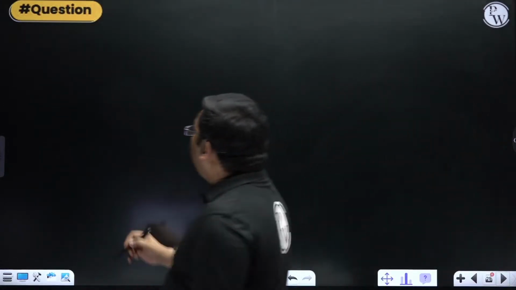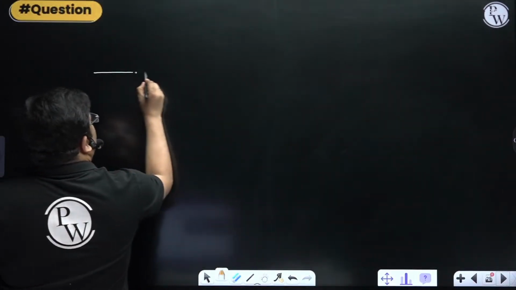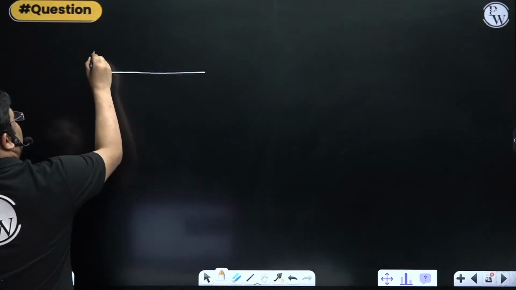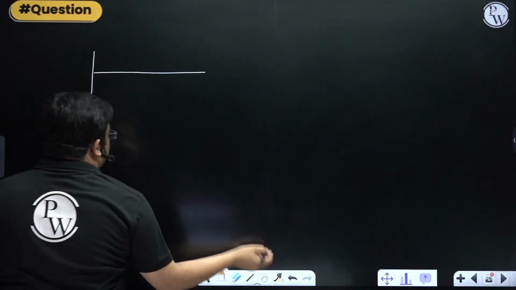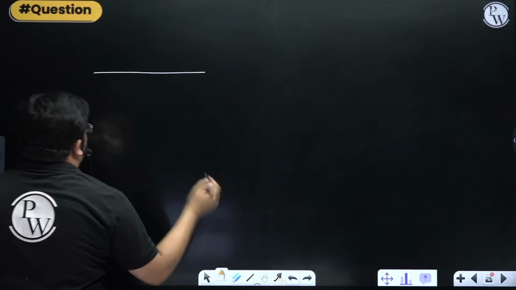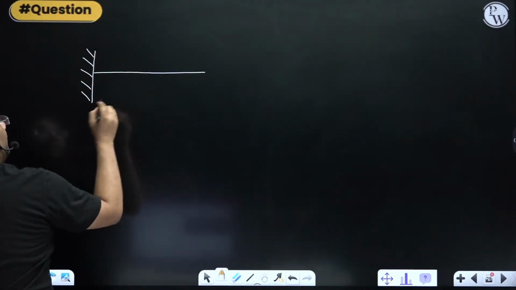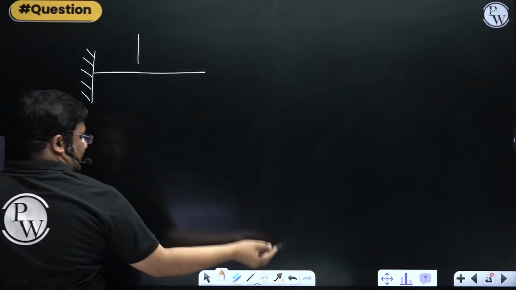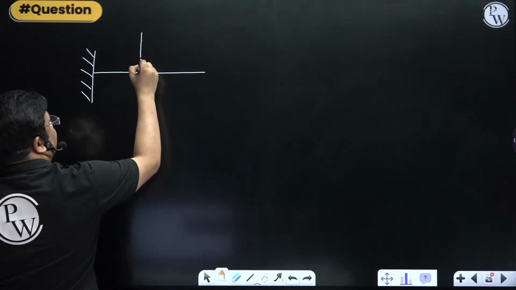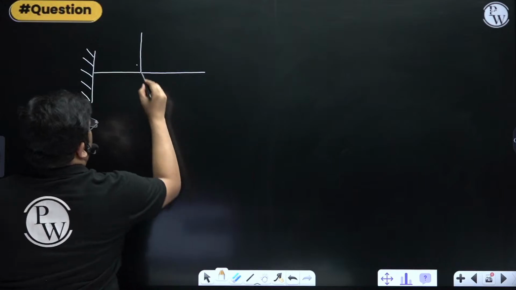Another type of question is when the point load is not acting at the free end. Suppose it is acting at some other point, suppose the midpoint. Suppose it is acting at a distance of A from the fixed end.